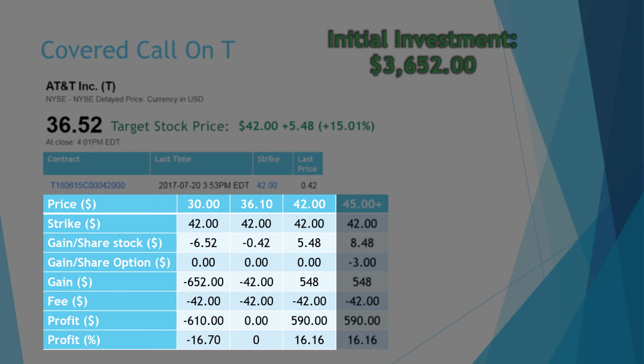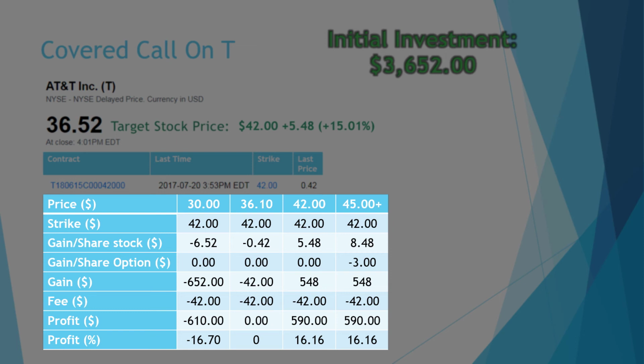At $45 per share, the 100 shares I own will have $8.48 gain per share. But the contract owner will exercise the contract and force me to sell the shares at $42 per share. That transaction will take $3 per share from my gain and result in $5.48 per share gain, or $548 gain.